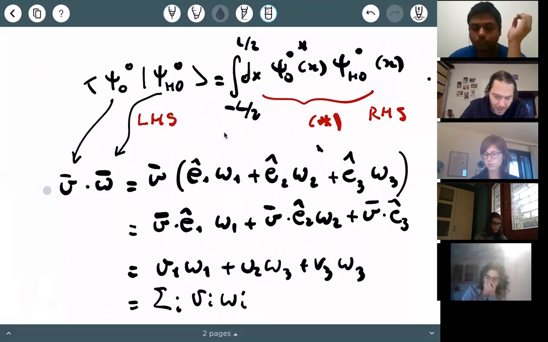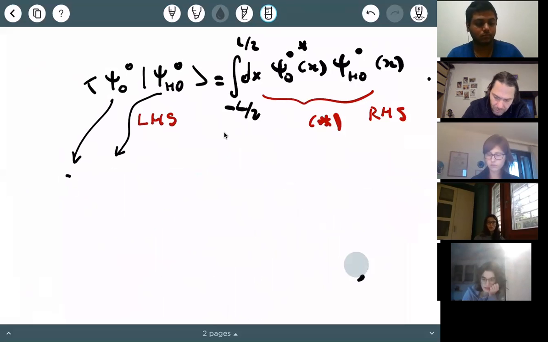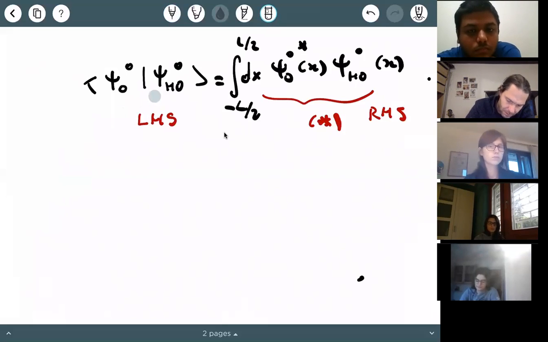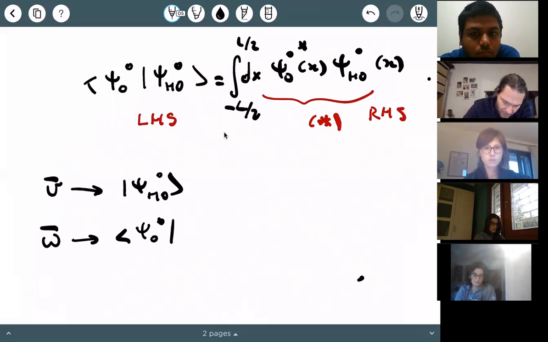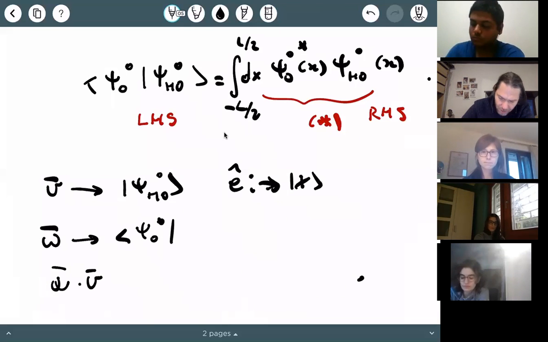Now, in this particular case, V is associated with psi HO naught, W is associated with psi naught naught, and I'm interested in W times V. The Ei are the eigenstates of the position operator.